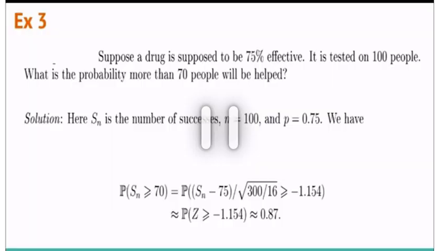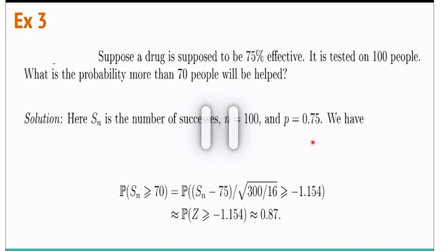Now, the next thing I'm going to do is my investigation again, multiplying 100 by 0.75, which will give me 75. That is greater than 5. The condition required for binomial to be approximated with normal is already satisfied.